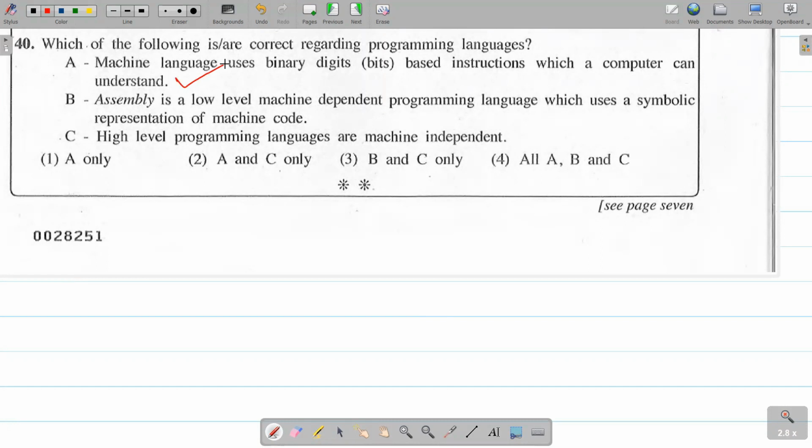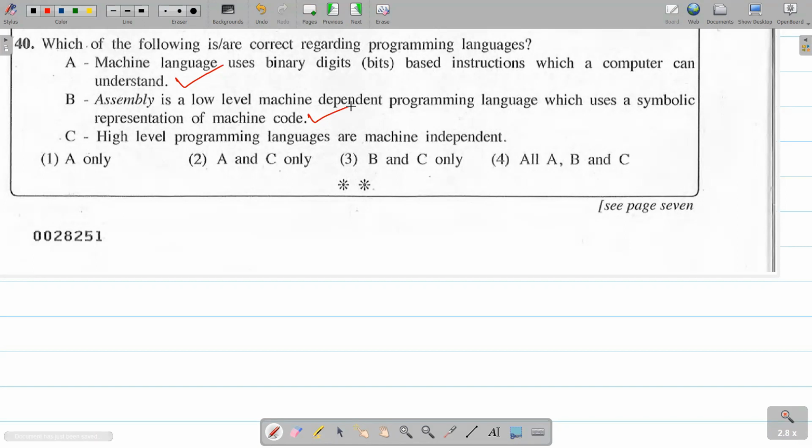Machine language is the one which is indicated by 0 and 1, so it can be easily recognized by the CPU. And assembly is a low-level machine dependent programming language which uses a symbolic representation of a machine code. Yes, that is also said as the assembly language, so it is correct as well.